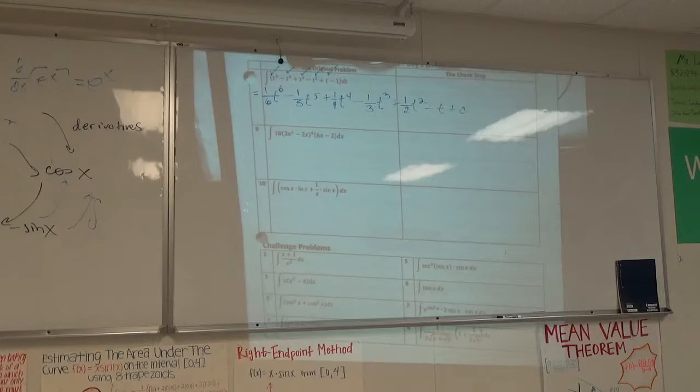Hey, come on over. It turns to 2. These are products. What's the product rule?